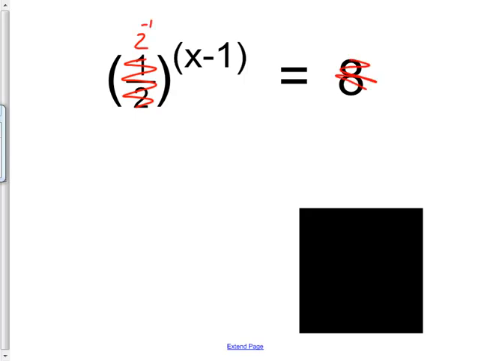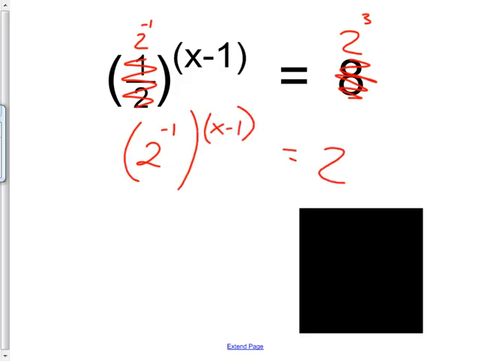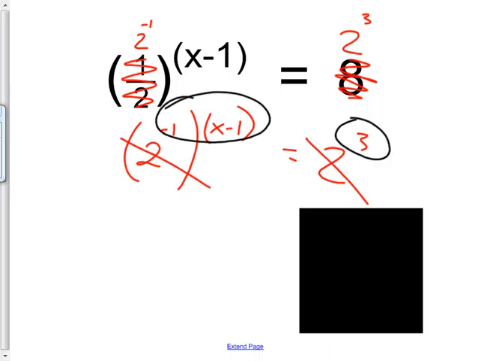And this could be 2 to the what? To the third. And then the bases can cancel. So 2 to the negative 1 to the x minus 1 equals 2 to the third. And then the 2's cancel. And then it's got to be these guys. That has to equal that. It's just a little longer equation, but you still can solve it like normal.